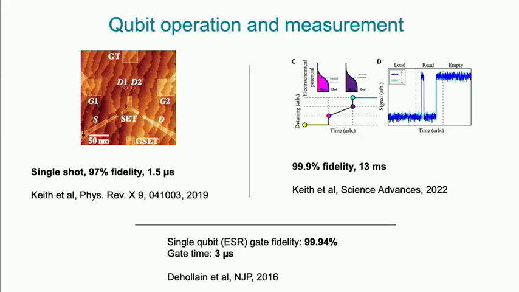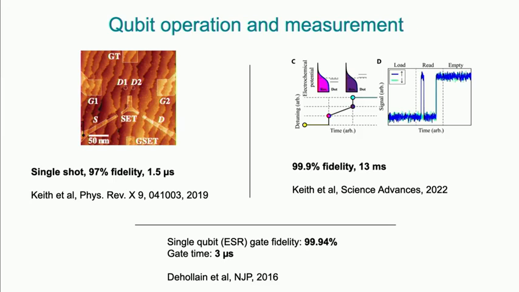You can do quite fast readout. So, for example, in the paper on the left there, there's 1.5 microsecond time for the readout and 97% fidelity. Or on the right, we can go much slower, 99.9% fidelity readout with 13 millisecond readout time.